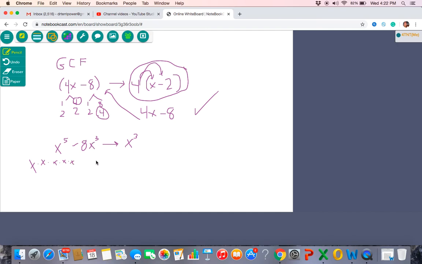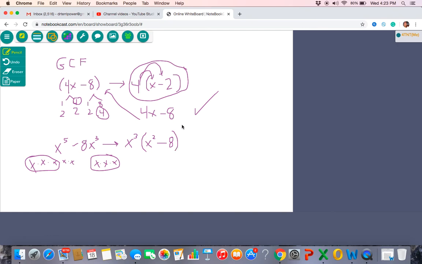This x to the third would be x times x times x, so there's 3 of them, and there's 3 of them here, so I can do that. And so now I have x to the 3rd power outside of the parentheses. Inside will be x squared, because I have 2 left, minus that 8, because I couldn't factor out the 8, and that's it.